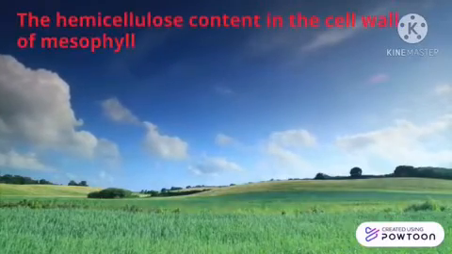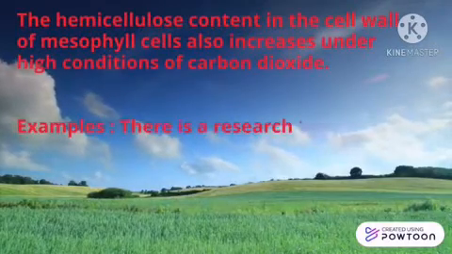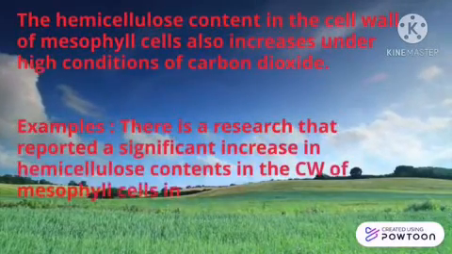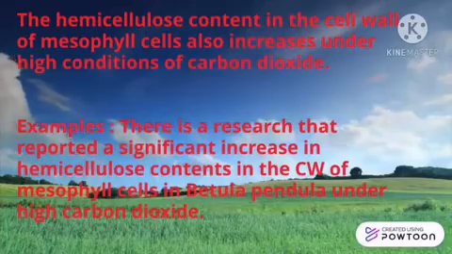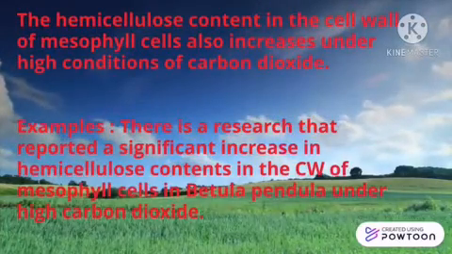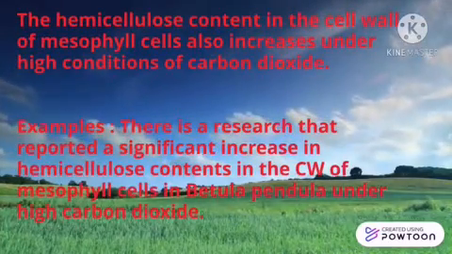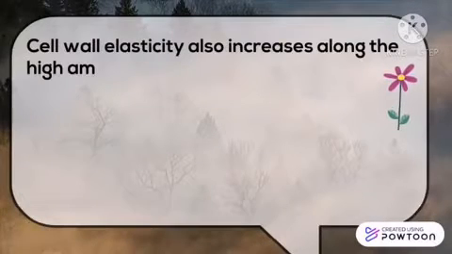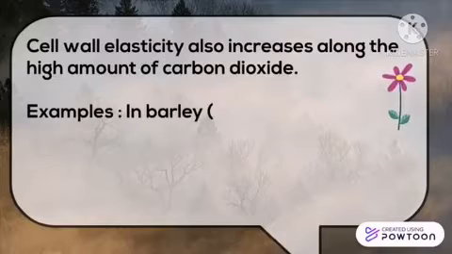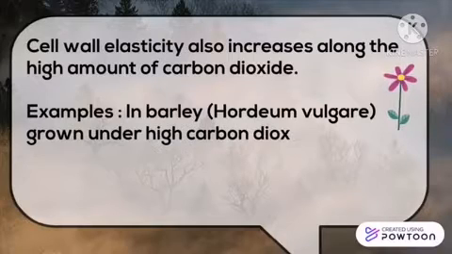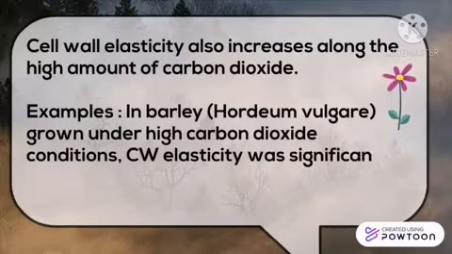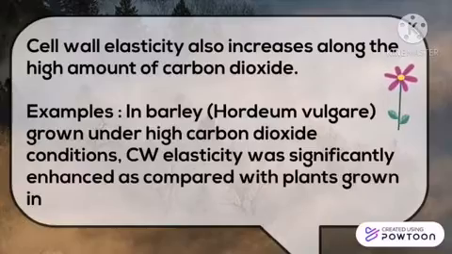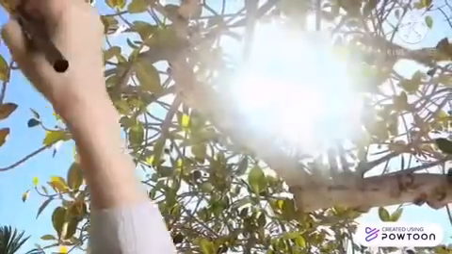The next one is that the hemicellulose content in the cell wall of mesophyll cells increases under high carbon dioxide conditions. An example is research on the plant Betula pendula, or silver birch. Furthermore, cell wall elasticity also increases along with a high amount of carbon dioxide. It is stated that barley plant cell wall elasticity increases at high carbon dioxide levels.